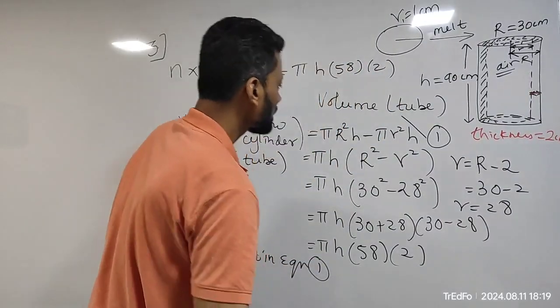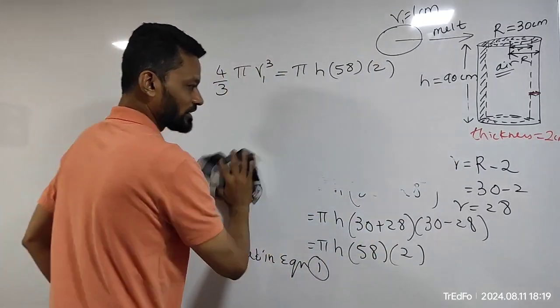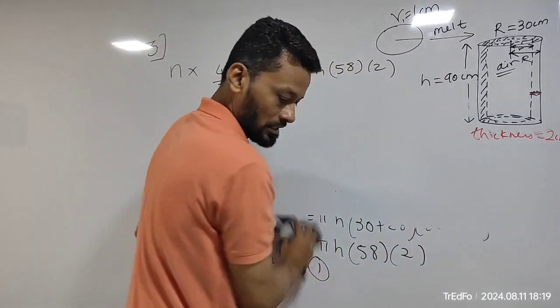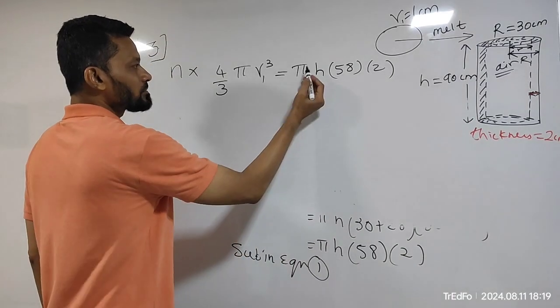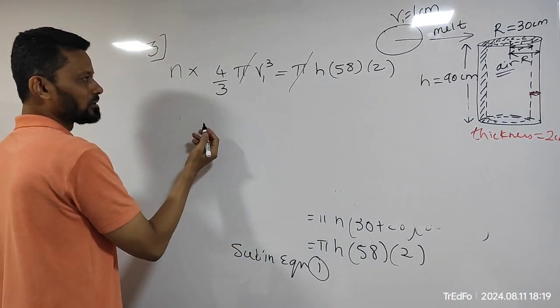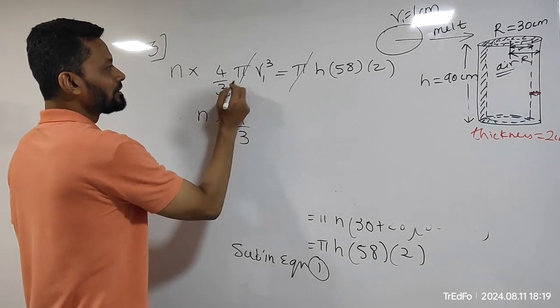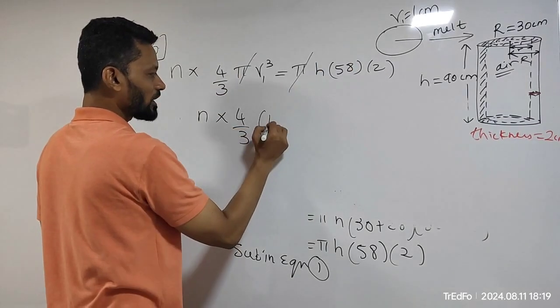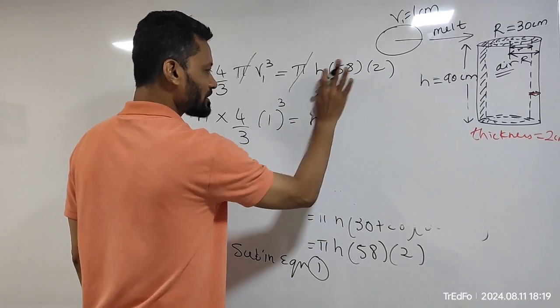I'll erase this part so it will be a bit clearer for you to understand what we'll be doing. Now see why I haven't found the values? Just because these values get cancelled easily, you don't have to worry at all. So n into 4 by 3 r1 cube, r1 is 1, so 1 cube equals, h is given, can you say this, 90.